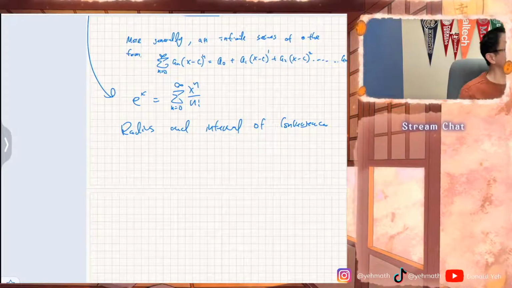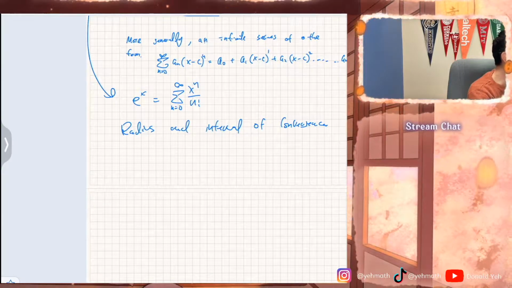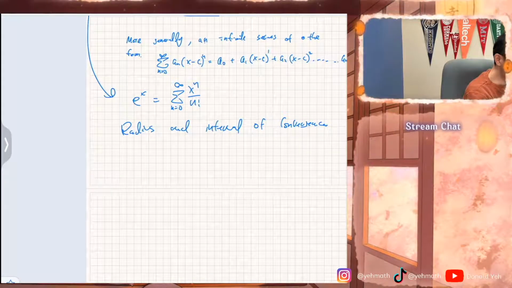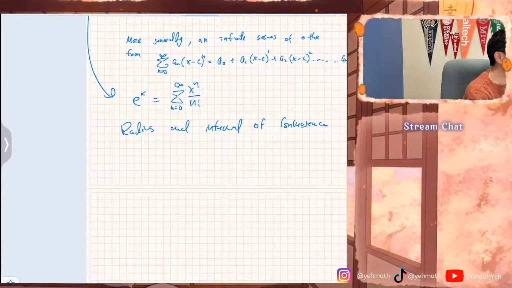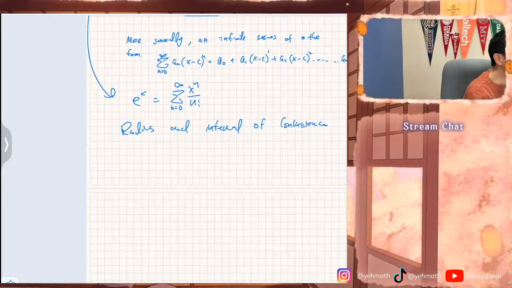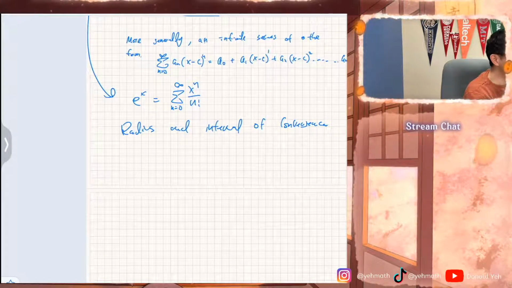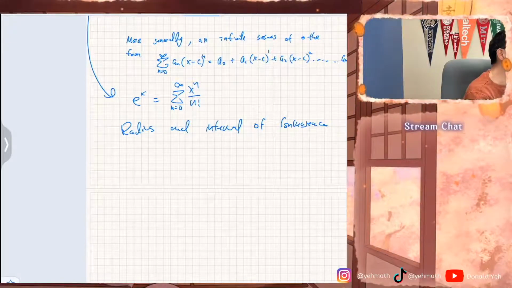Remember, x can be some type of value. If x is a value that is not in the radius of convergence, this series will go divergent. If it's divergent, I cannot use that series to represent the function.